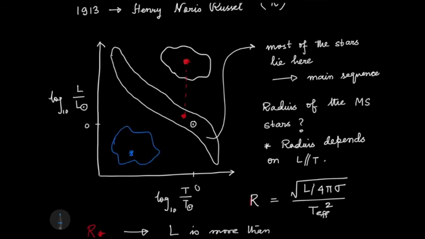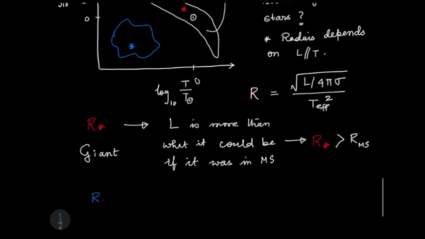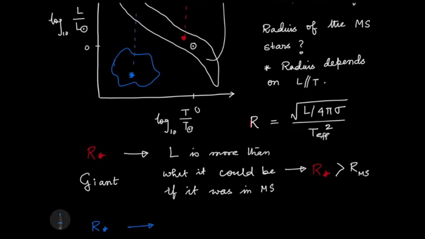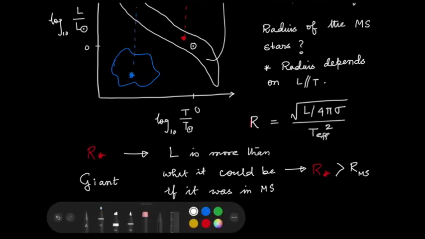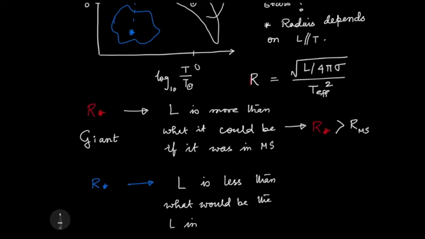If I now look at another star over here, and remember that there was a population of stars lying there, let us ask the question, what happens to this star which is lying there? Again, I don't need to go through the argument once more, but we will agree that for this star L is less than what the L would be in the main sequence, for the same temperature.